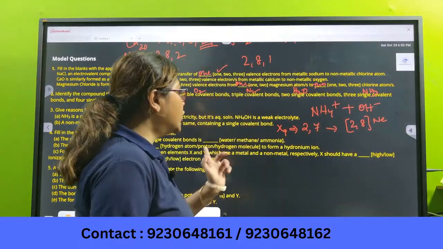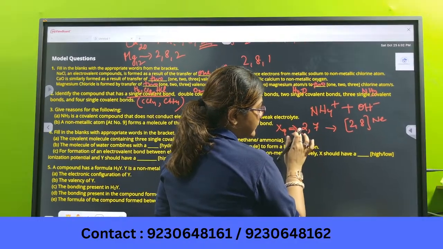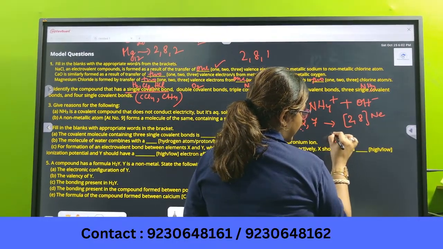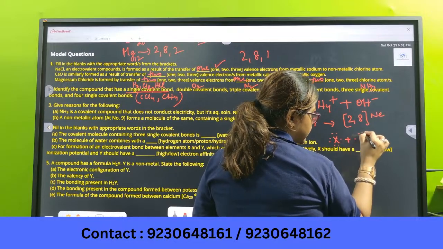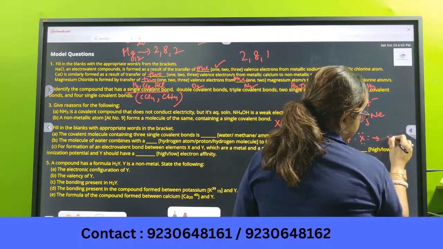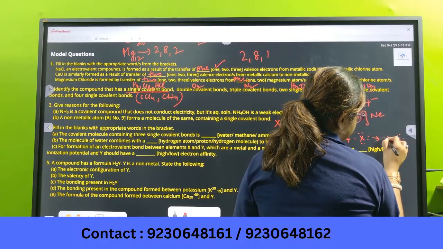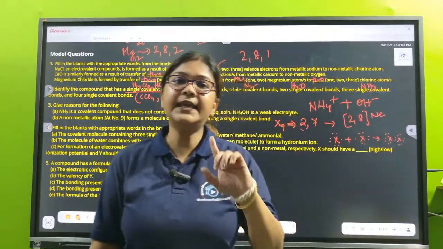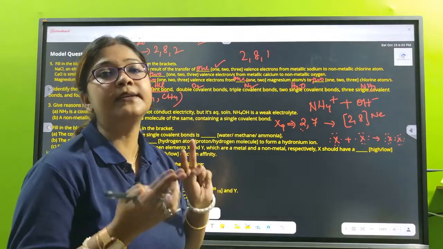So the bond between them will be a covalent bond, because each X has 7 electrons and they will mutually share. So the bond between them will be highly covalent in nature because they are mutually sharing their electrons.